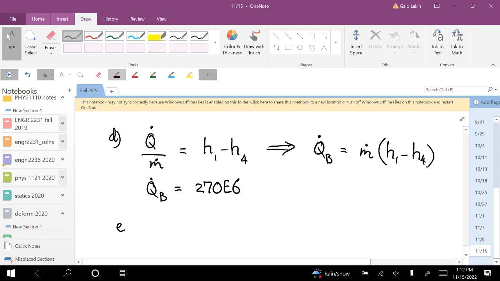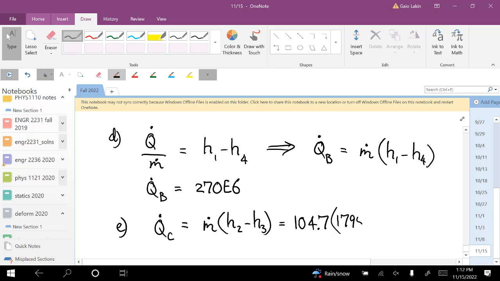And then we want to do the same thing at the condenser. So QC dot is equal to M dot times the quantity H2 minus H3, which is 104.7 times the quantity 1795 times 10 to the third minus 173.88 times 10 to the third.